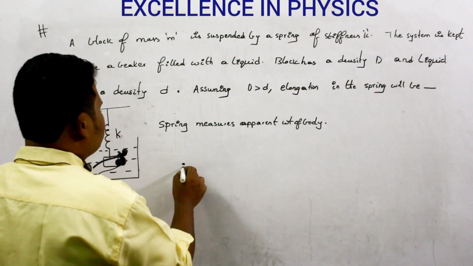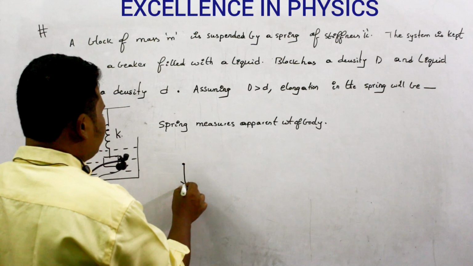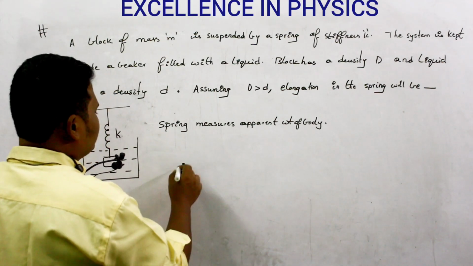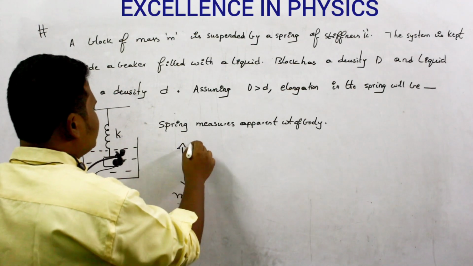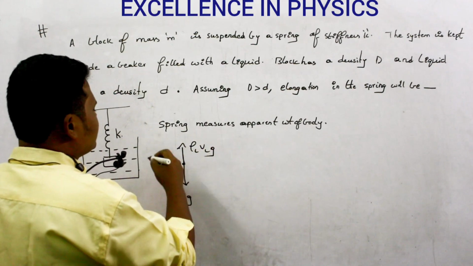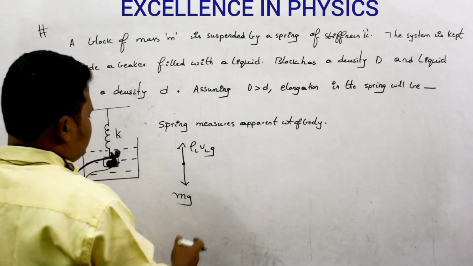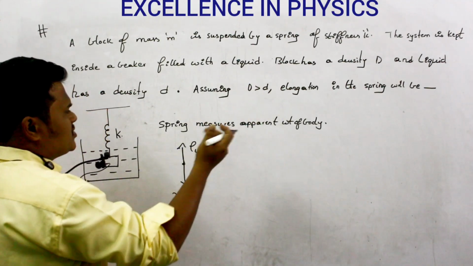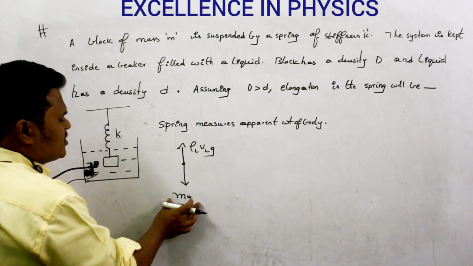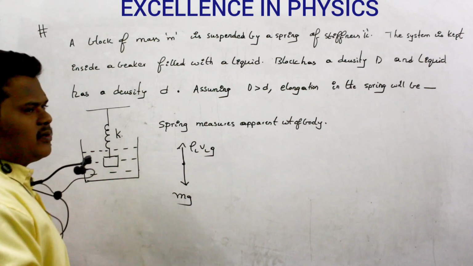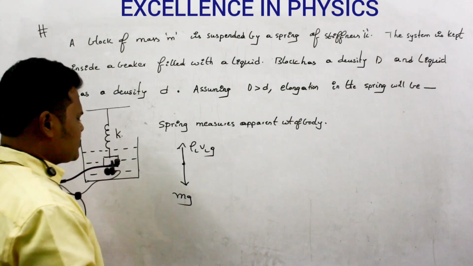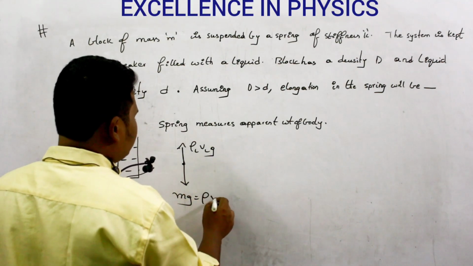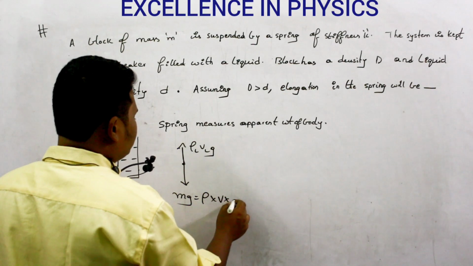So if I draw the free body diagram of this body, then its weight mg is acting downwards. Force of buoyancy rho_L V_L g is acting upwards. It is given that the density of the body is greater than the density of the liquid. So definitely mg should be greater than rho_L V_L g, because mg can be written as density of body into volume of body into g.